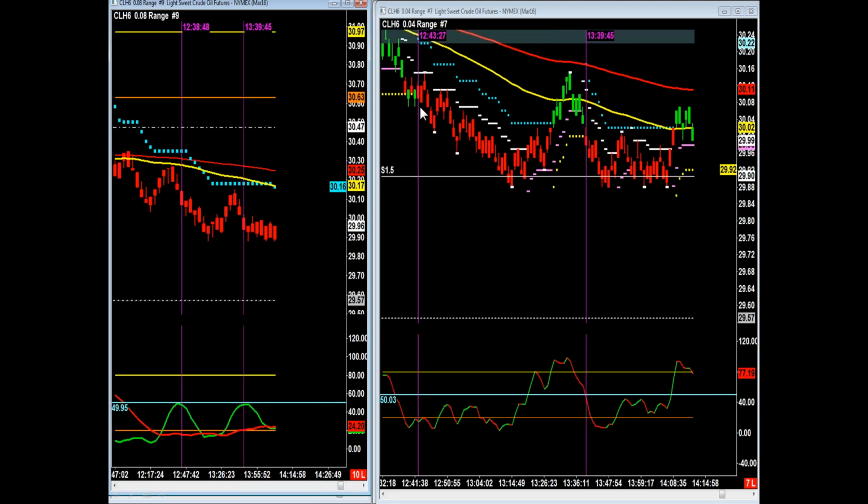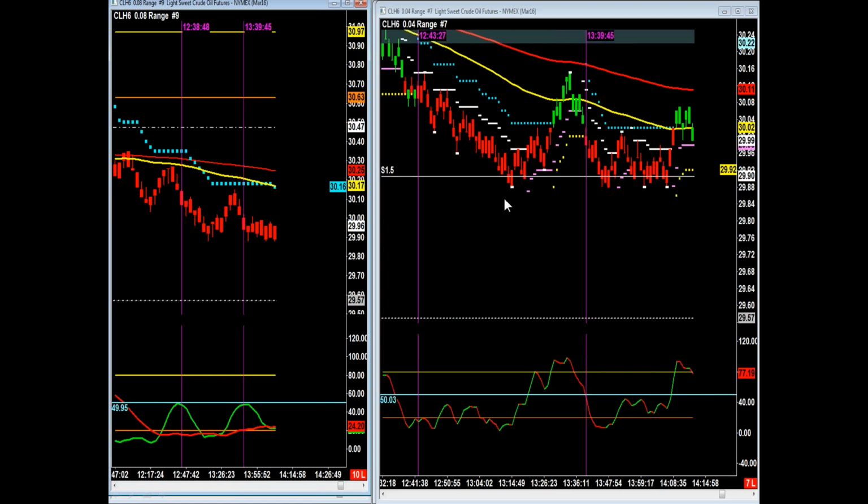But anyway, when this fires off here, when we get the Slinky set up on the 4 range over here on the right, we are in line to take this on the 8 range. We've got our red stochastic in oversold, so that's okay to take that.